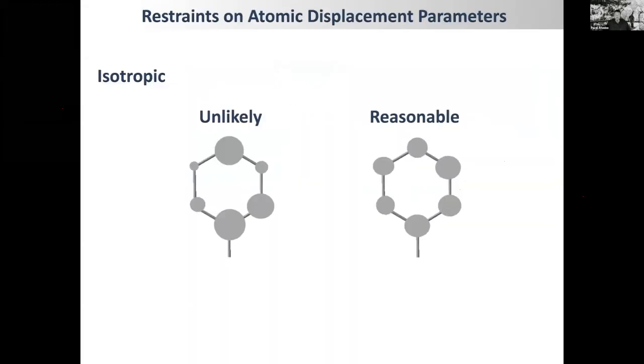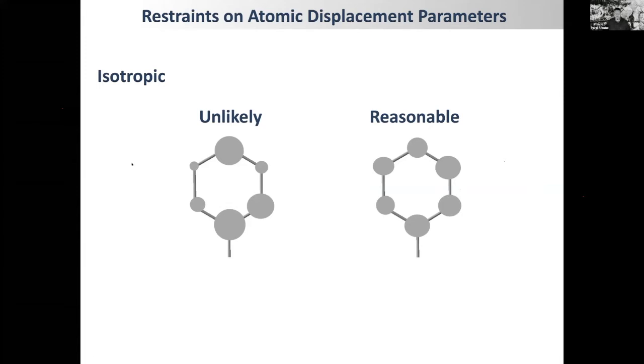Okay, well, I've been talking about restraints on atomic model geometry and stereochemistry, but B factors are also refinable parameters, parameters of your atomic model, right? So we also refine them, and we also want to make sure they are meaningful.